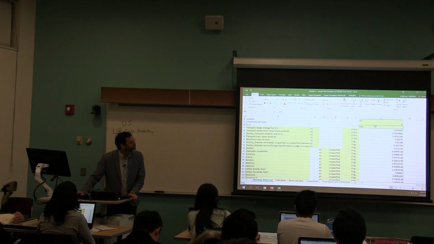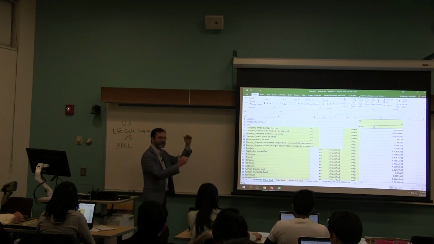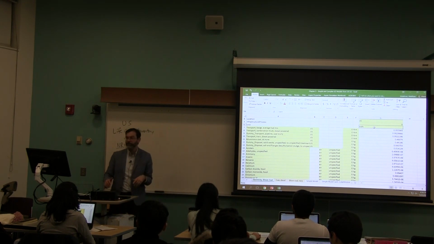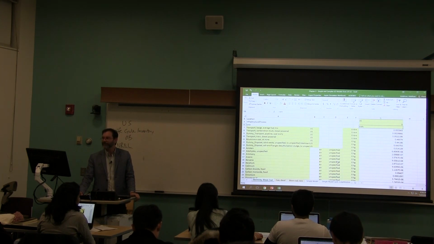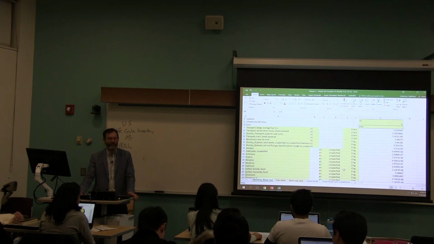And the unit here, you can see up in yellow, is kilowatt hour. All of these flows are scaled to 1 kilowatt hour of electricity output. That's our reference flow. And whatever emission you're interested in, if you've ever wanted to know how much mercury comes out of an average U.S. power plant, you can just look it up right off this table.